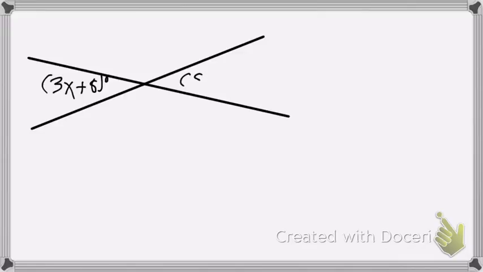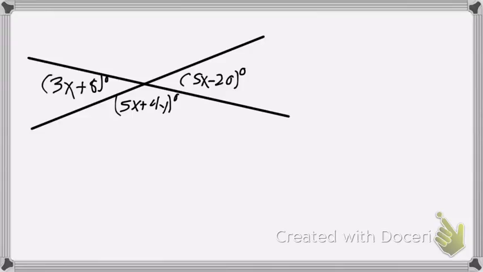Over here we've got 5x minus 20 degrees. And then down here we have 5x plus 4y degrees. Now notice this is a little bit trickier because we have that addition of a second variable.